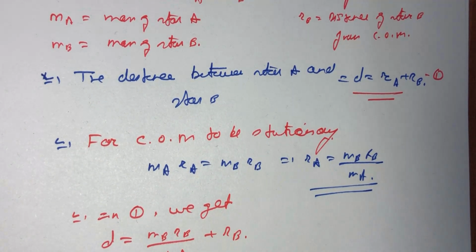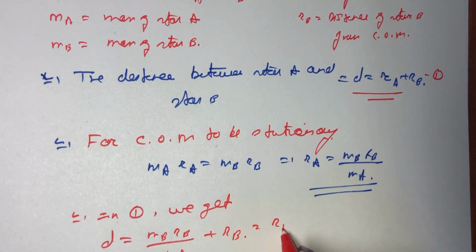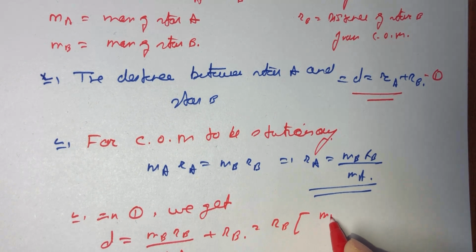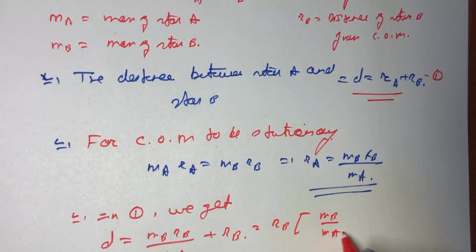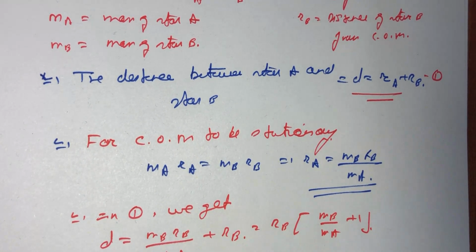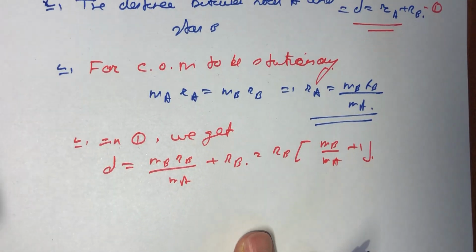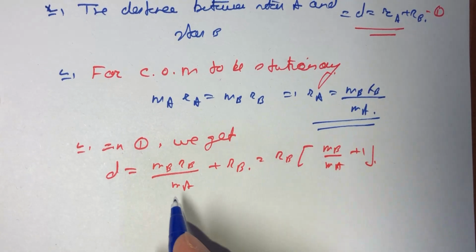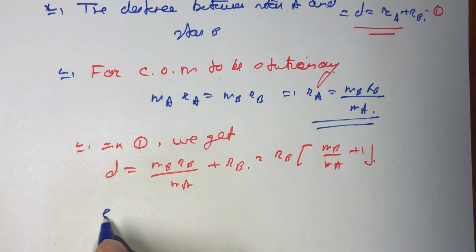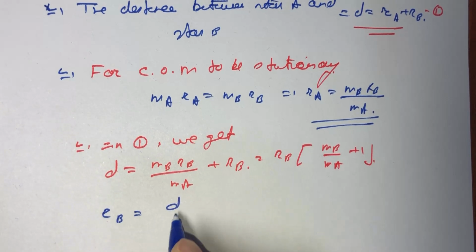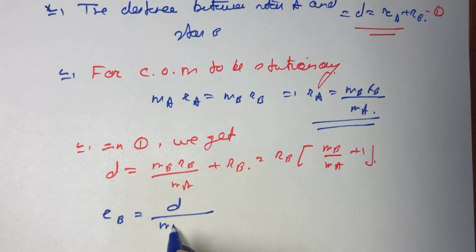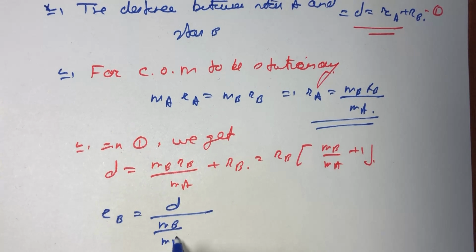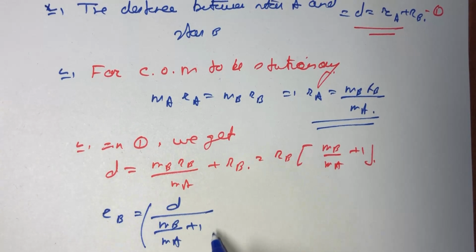So taking RB as common, we get this as RB, and we have MB divided by MA plus 1, and from here we can say that our RB will be equal to D divided by mass of star B over mass of star A, plus 1.